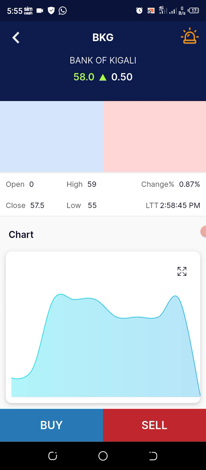The very first one is through what we call capital gains. Capital gain, this is how it works. You buy your share today. Let's say you have bought the Bank of Kigali at the price of 58. Then 1 week later, the price is up to, let's say, 62 Kenyan shillings. Now, when we get the difference, 62 Kenyan shillings minus 58 Kenyan shillings, that is 4 Kenyan shillings.